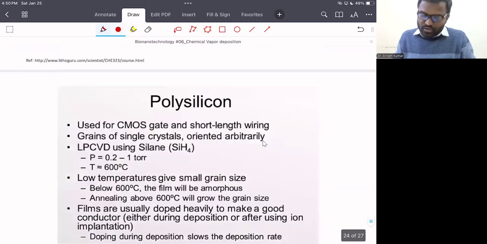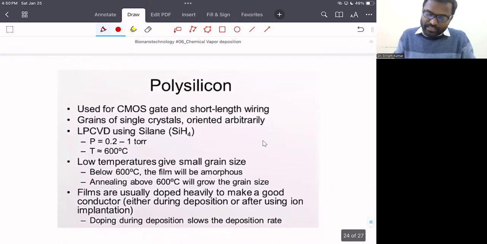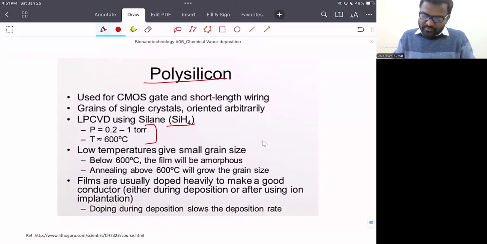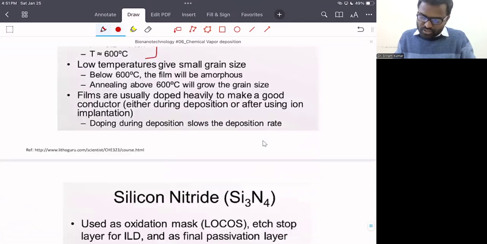If you want to deposit polysilicon, for that we will have the silicon, and we have the temperature and pressure, and based on that we will have the polysilicon deposition.